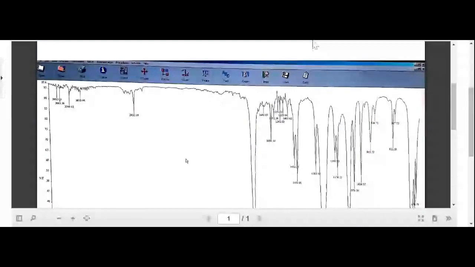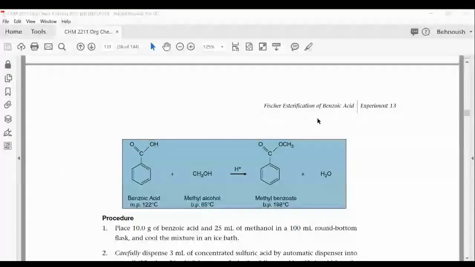Dr. Mamari, I just have a question about the OH peak that would disappear, in which one? Let me go back to the lab manual so I can show you the reaction one more time. From this highlighted reaction, you see benzoic acid has an OH, right? Methyl benzoate doesn't have OH, so the reactant has OH, the product doesn't.